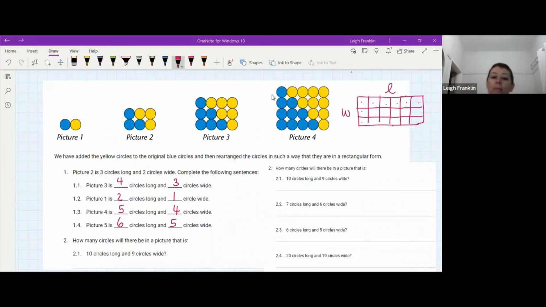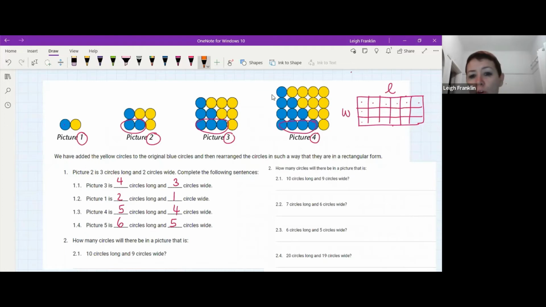But the number of blue circles, can you see that it is the same as the number at the bottom? So in other words, if you've got picture 1, you've got 1 blue circle. Then picture 2, you've got 2 blue circles at the bottom. In picture 3, you've got 3 blue circles at the bottom. In picture 4, you've got 4 blue circles at the bottom. And then in picture 5, you had 5. So you would have 5 blue circles at the bottom. Yes. Absolutely. Okay, quite right.